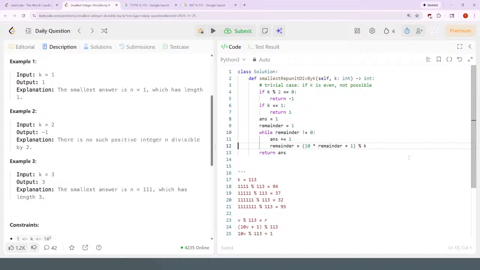Obviously, the remainder is never going to be 0, so I'm going to add 1 at the very end. I guess I could also do while the remainder does not equal k. I guess that's equivalent. It's all the same, so you add 1 right after.